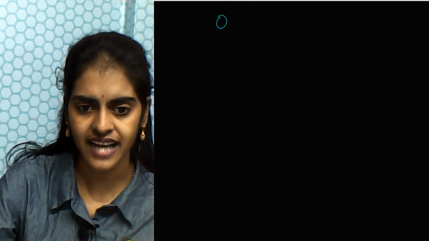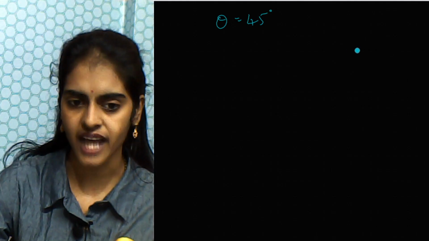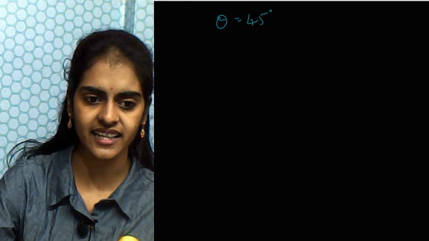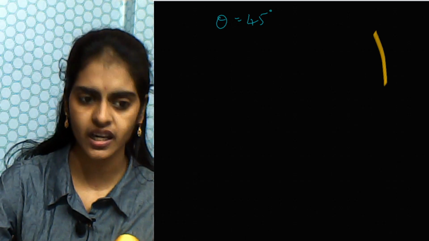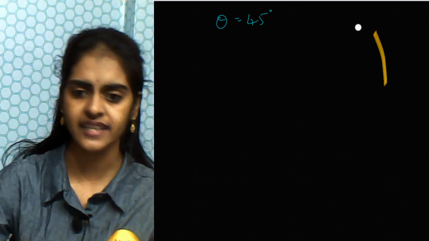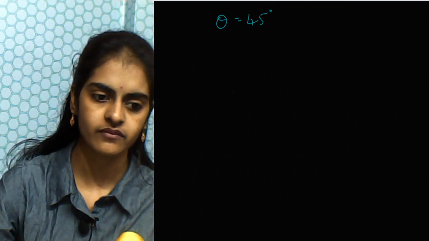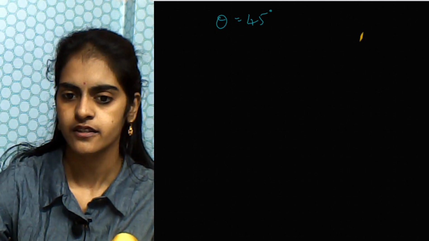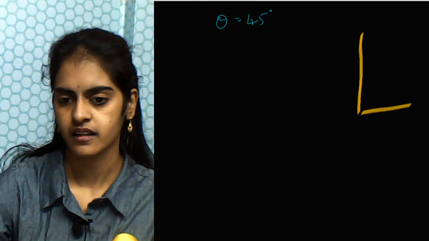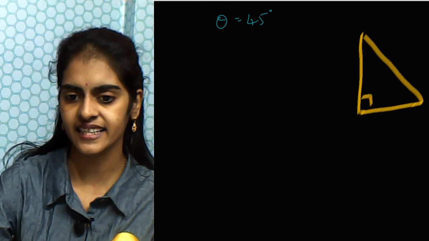Now let me derive for angle 45 degrees. Suppose theta is 45 degrees. I'm taking a right angle triangle. Let me draw it. So this is a right angle triangle, with the right angle at this angle.